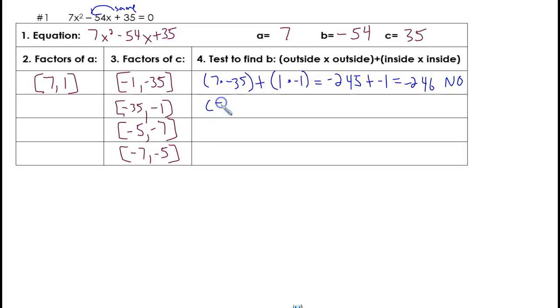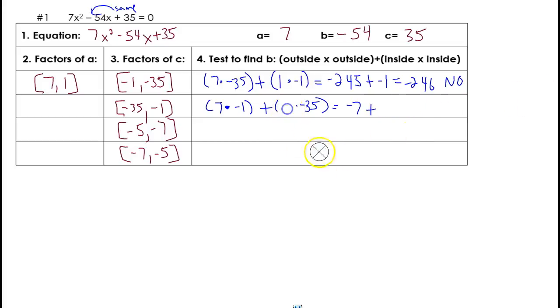7 times negative 1, and then 7 times negative 35. And you can see why we have to change the order here, because 7 times negative 35 is very different from 7 times negative 1. Well, we'll test this one out. We get negative 7 plus negative. I made a mistake here. Let's fix that really quickly.